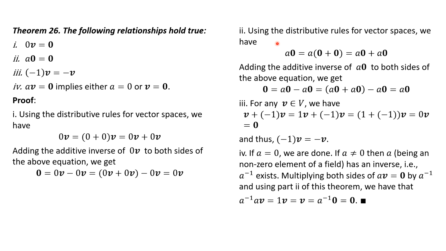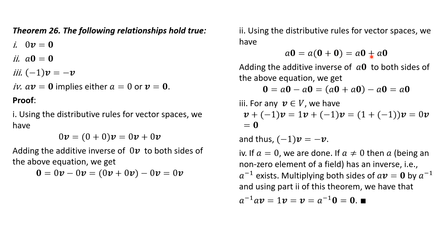All right, let's go to the second one, and we'll again use the distributive law. So we have any scalar a times the vector 0, and the vector 0 plus itself equals 0. That's because the vector space is an abelian group. Actually, we don't need the abelian part, it's just a group, so the 0 added to any element is that element.